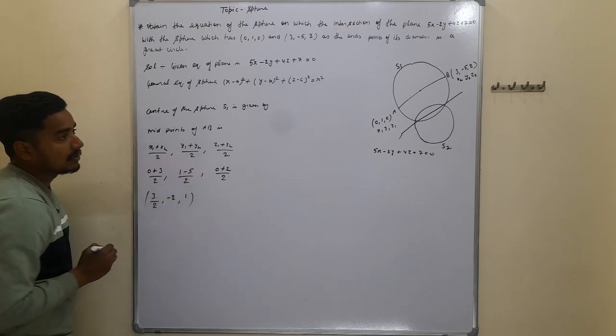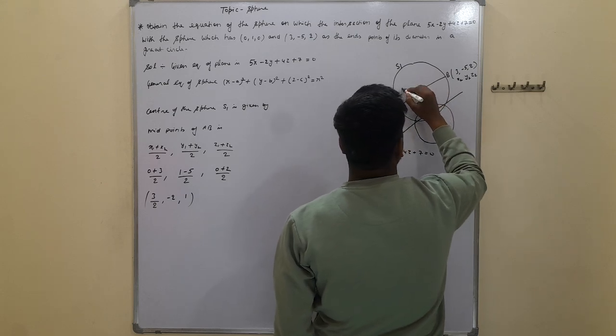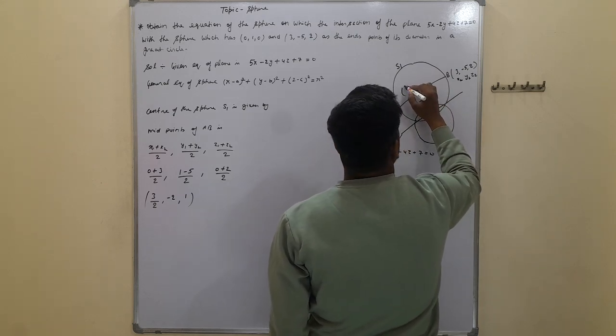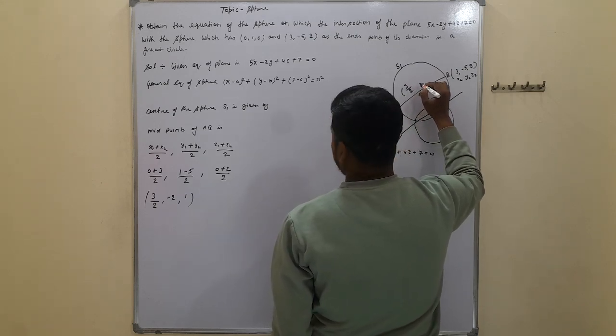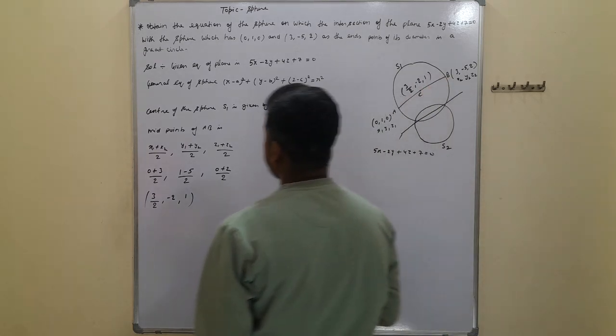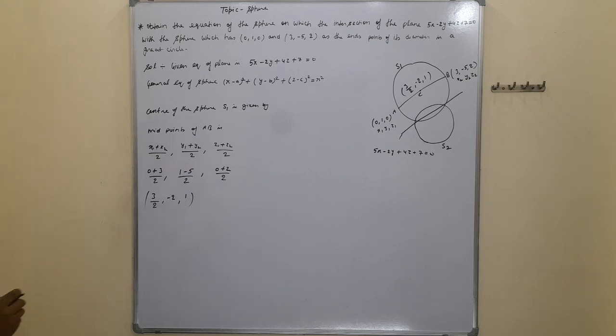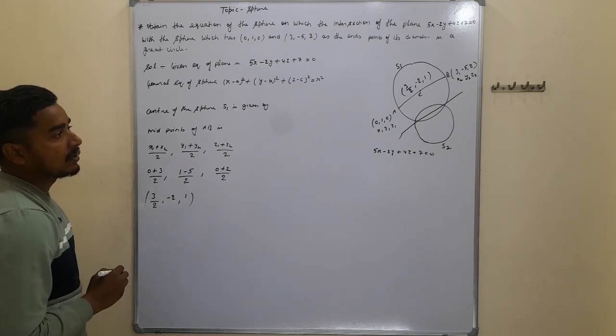So we get the center of the sphere S1. This is the center which I have calculated: 3 by 2 comma minus 2 comma 1.